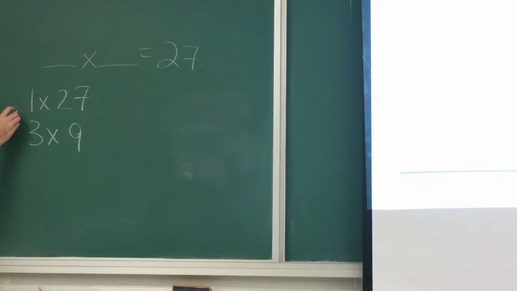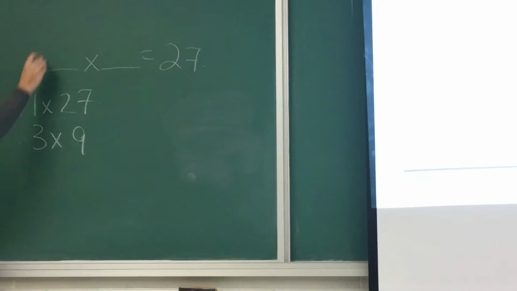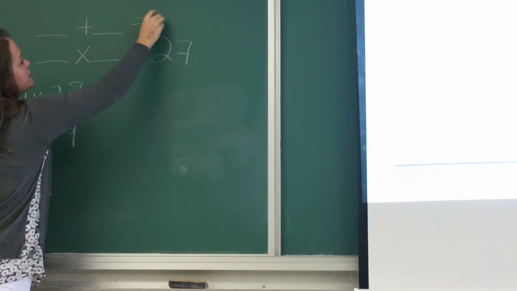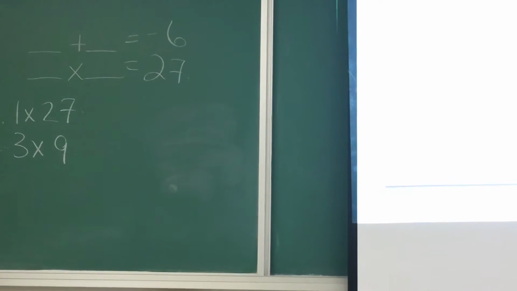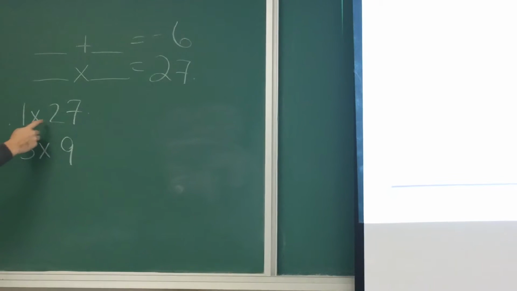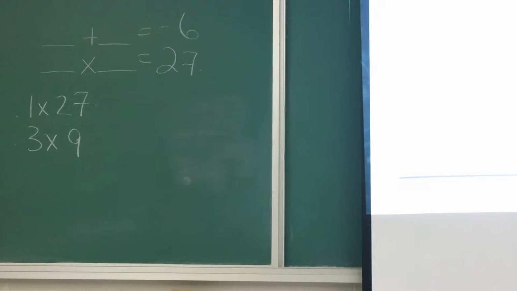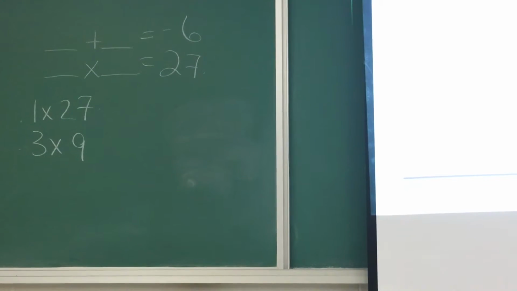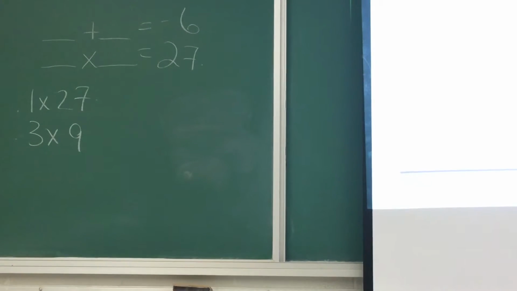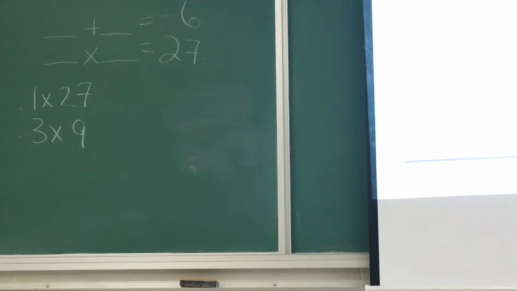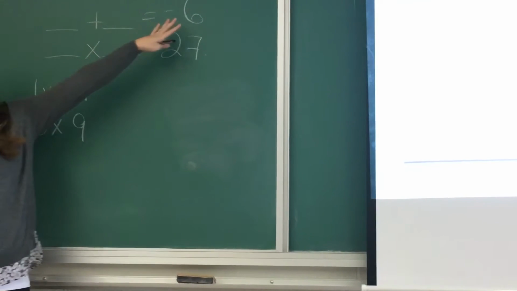So, if I look at these two, I also need the numbers to add to give me -6. Can I get -6 from these? No. Even if I do 27 minus 1 or 27 plus 1, either way I'm going to get something to do with 26, way far away from 6.